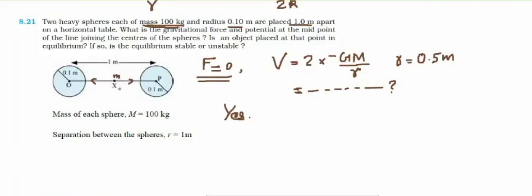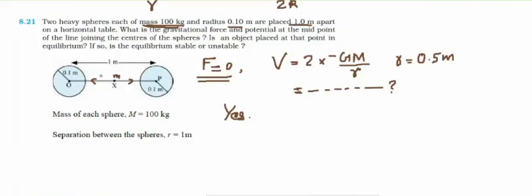If the object returns back to that point, then we say the object is in stable equilibrium. If it does not return back, then we say it is in unstable equilibrium, which means from the equilibrium condition, if you just disturb the object, then the object will move away from there. Afterwards, it is not going to come back. In such a situation, the equilibrium is said to be unstable.